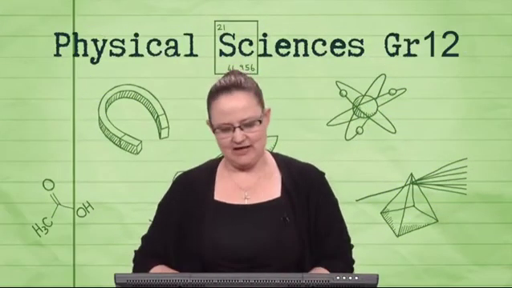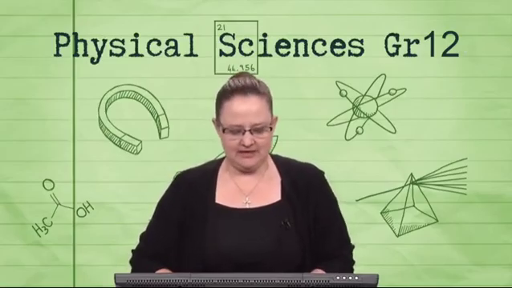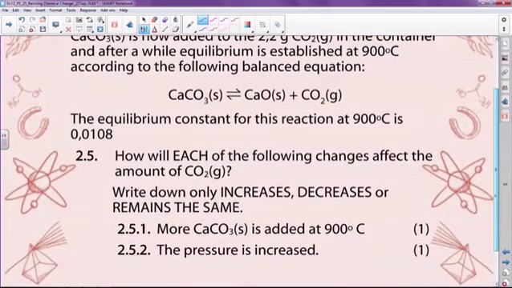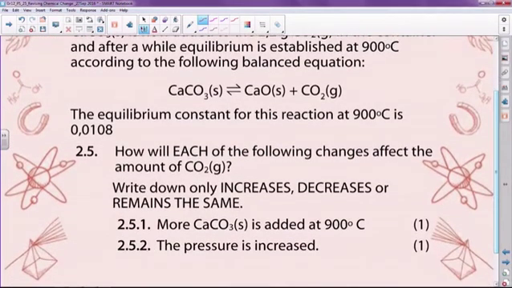Okay, last section, guys, and let's just quickly look at a couple of extra questions. Now, same equilibrium system, and now they say to you, how will each of the following changes affect the amount of CO2 gas? The first thing is they ask you, write down increase, decreases, or remains the same, and remember this is at equilibrium, once it reaches equilibrium.